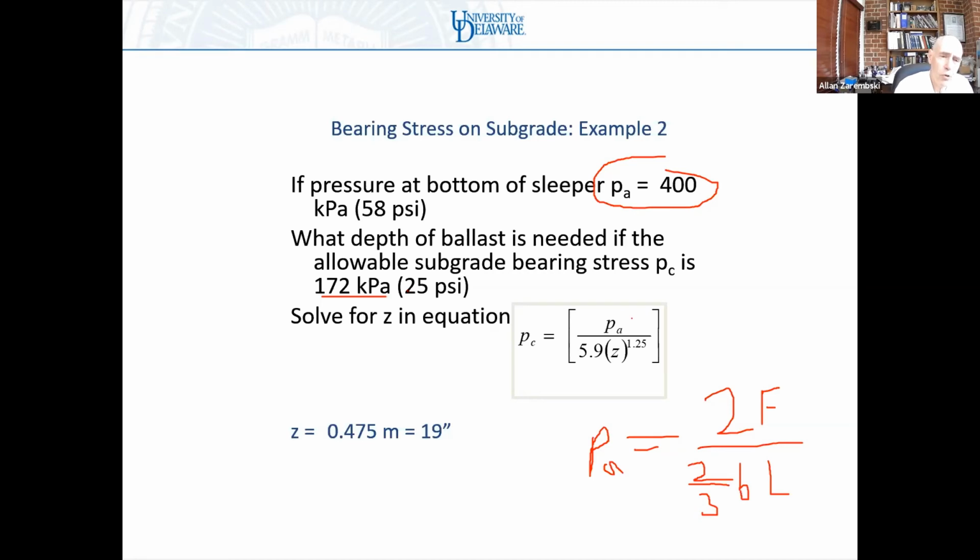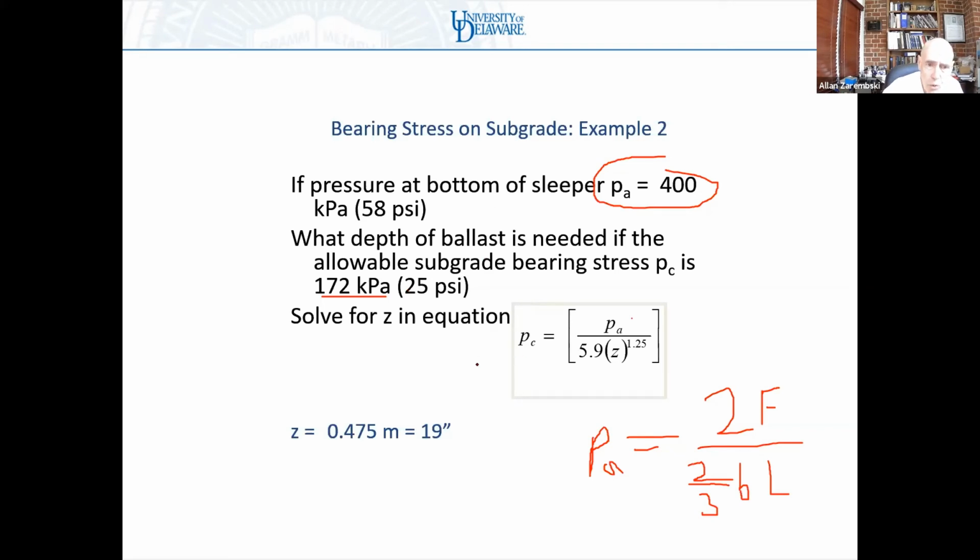Several of the manuals out there use between 150 and 170 kilopascals as the design stress for the top of the subgrade. And that's good for most subgrades other than the very, very weak subgrades. Like if you have a peat or a very expansive clay that becomes very soft when it gets moist, then it will be lower.